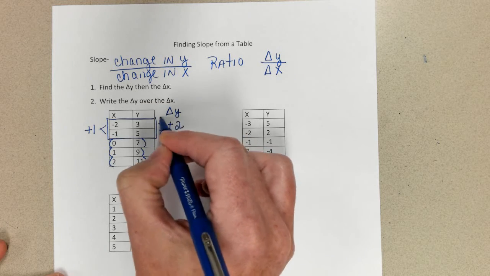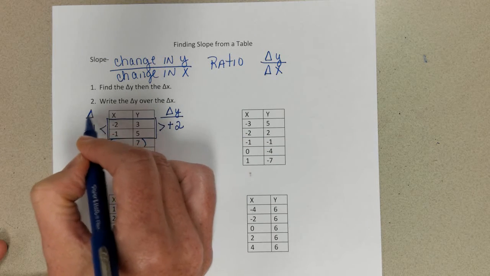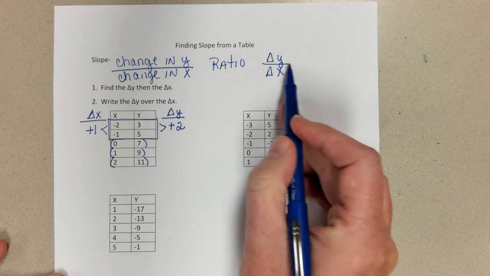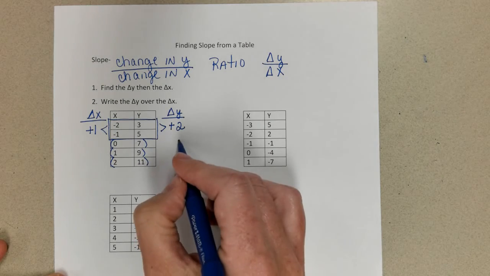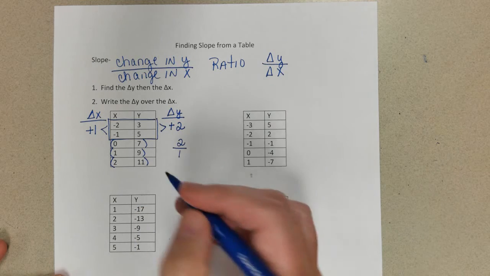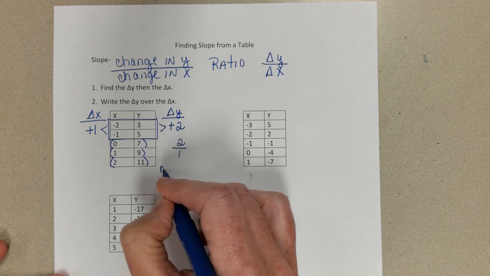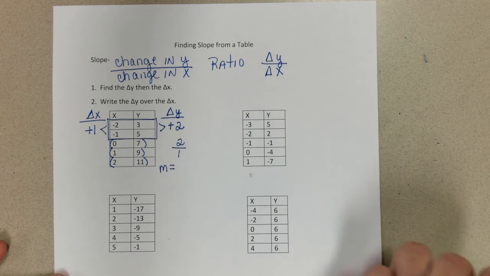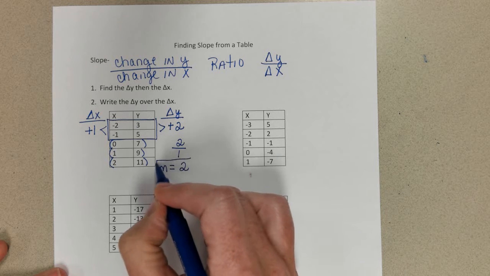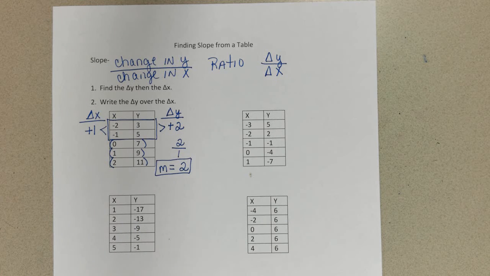These are my change in y's. This is my change in x. What goes on top? Y goes on top. So we're going to say 2 over 1. And we talked about that slope is represented with the letter M, and 2 over 1 simplifies to simply 2. So our slope is 2.